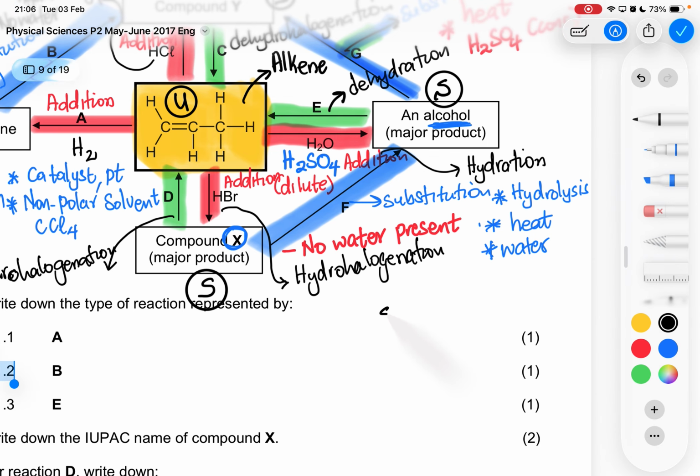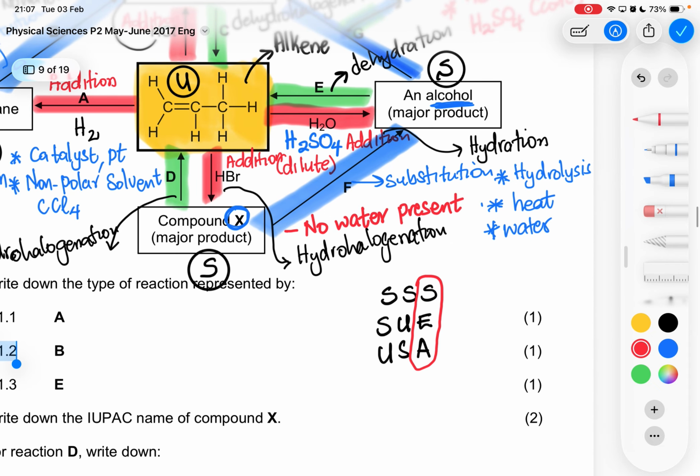Go as simple as possible. Look, triple S, Sue, USA. If you look at this, this is the C. The C has a lot of reactions in it.